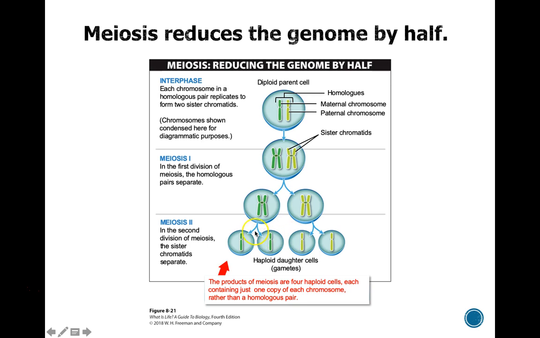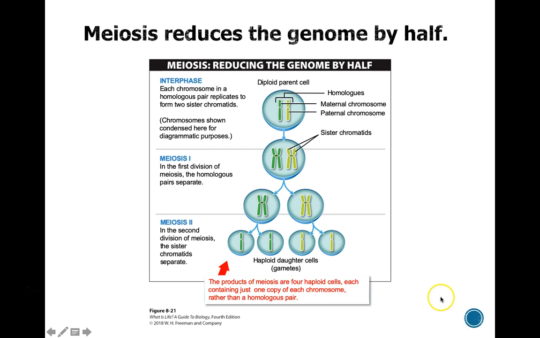Now you can see now, compared to the parent cell, we've reduced our chromosome number by half. So in meiosis 1, we separate our homologues. In meiosis 2, we separate our sister chromatids and reduce our chromosome numbers by half. So where we had, just bear with me, 46 chromosomes in the parent cell, we now have 23 chromosomes in each of the daughter cells.